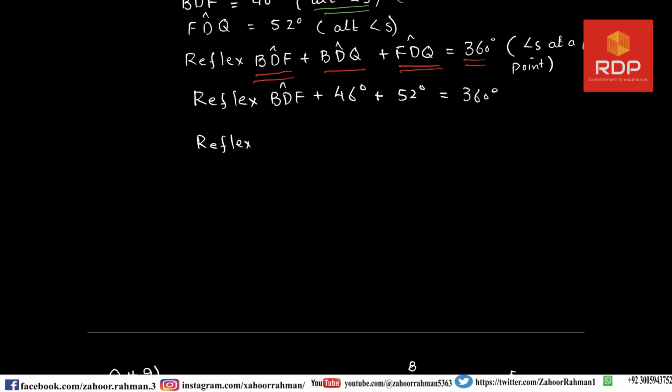So reflex BDF is equal to 360 degrees minus 46 degrees minus 52 degrees.